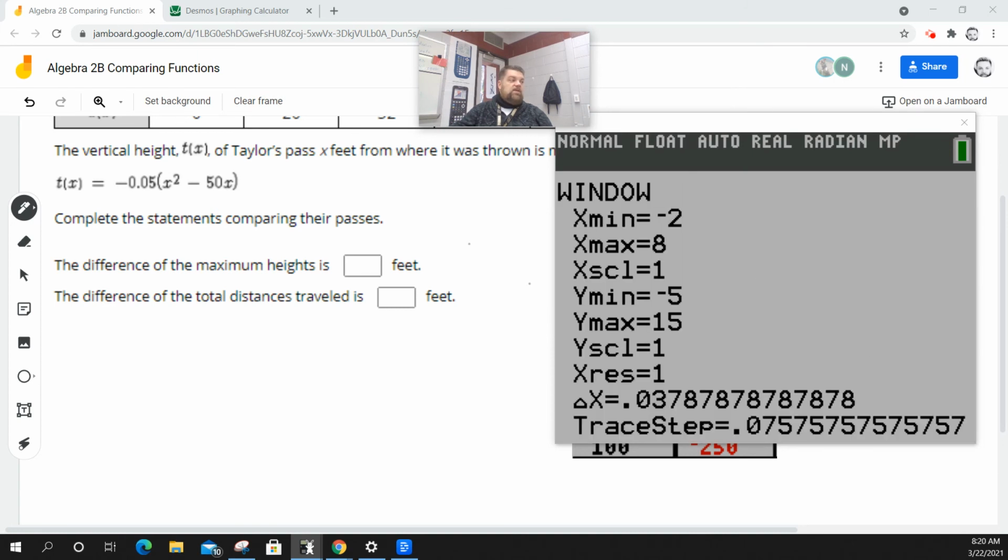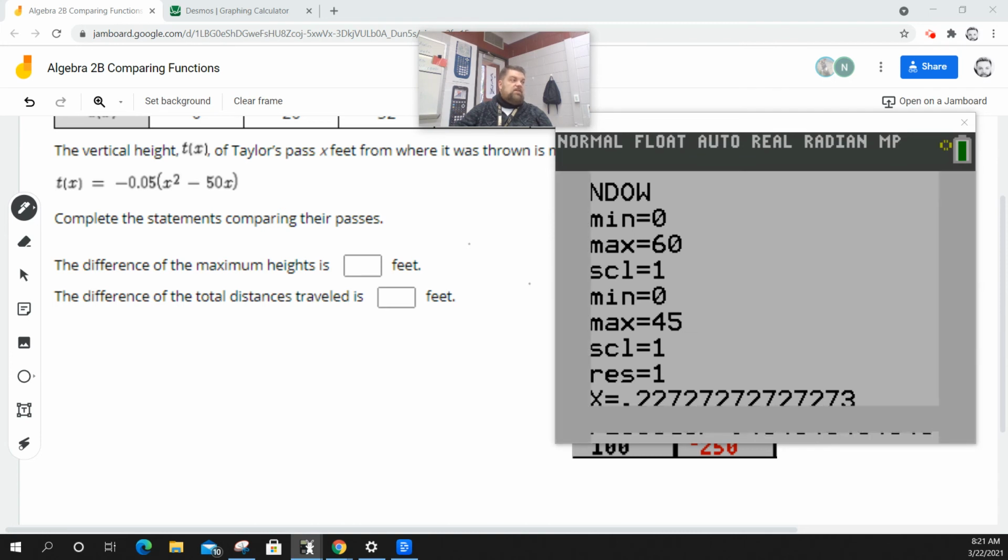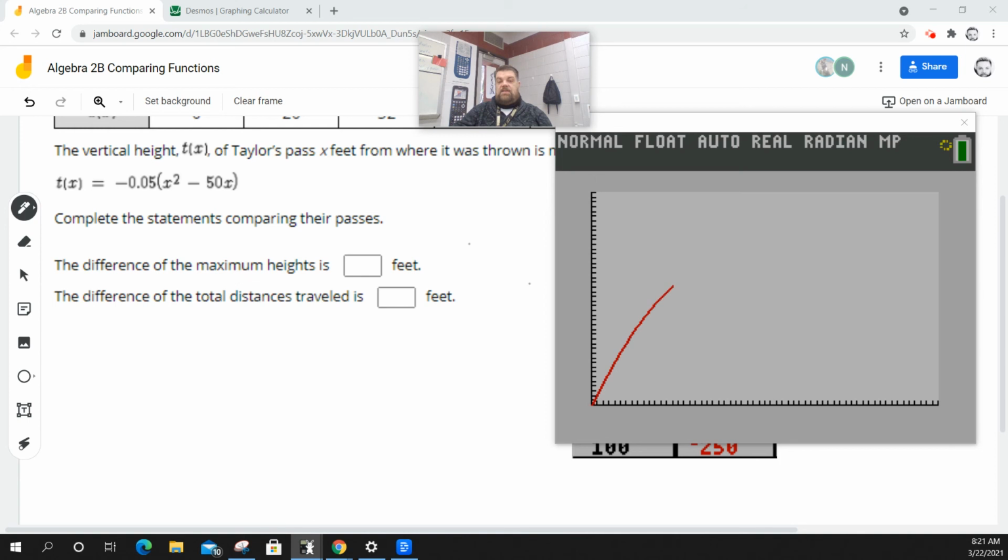So when I go into the window, I'm gonna go from 0 to 60. And then in the Y value, it looks like I need to go from 0 to 45. Now let's graph it. And we're counting by tens.